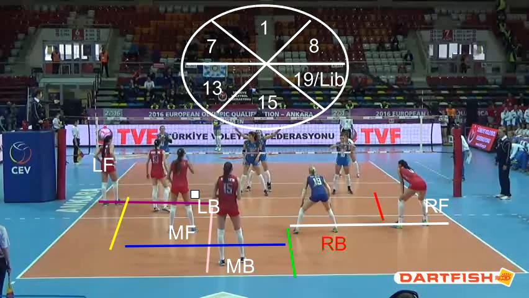She just has to stay behind number 7, and she has to be to the left of number 15 at the time of contact. She does not have to be to the left of number 1, even though that's where she's lining up right now before contact. Remember, you only have to worry about the positions that you border overlapping at the time of service contact.